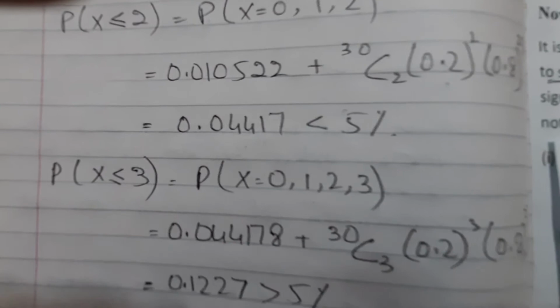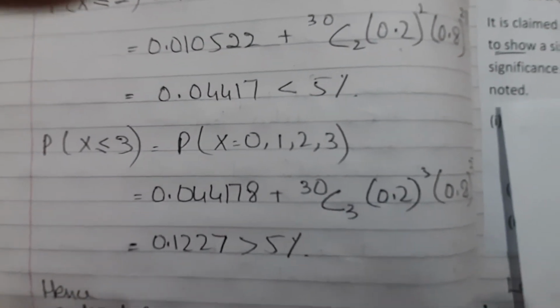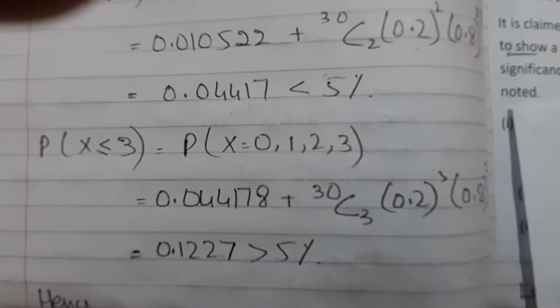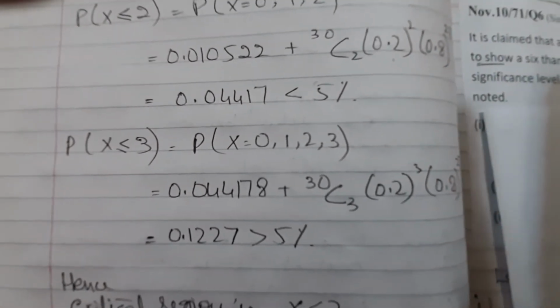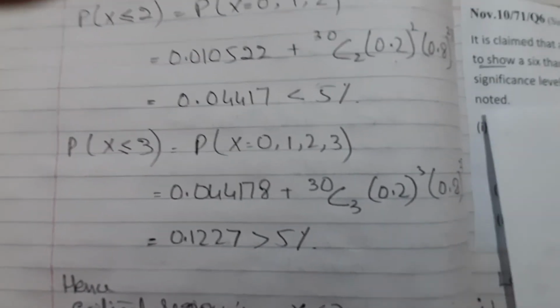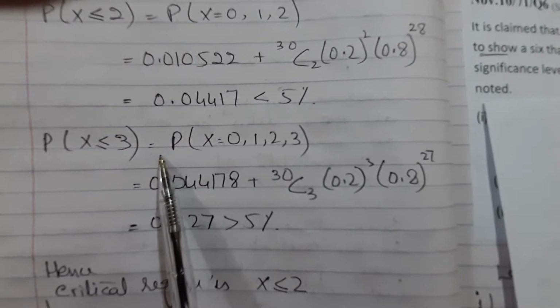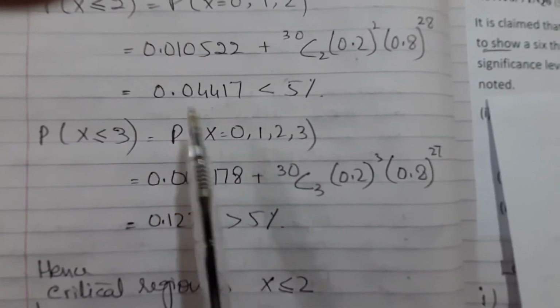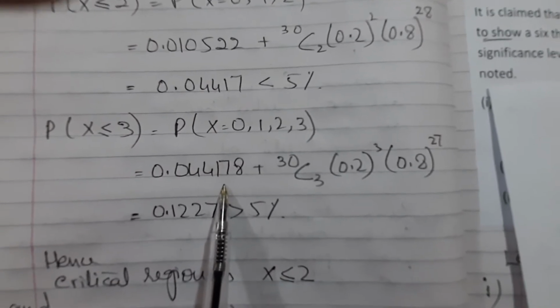Let's try for 3. You keep trying until you get a value outside the critical region, because you cannot assume on your own that this is it for the critical region. Maybe there are more values, right? So now I am testing for less than or equal to 3. Up to 2 I have already calculated and the answer was this. I am copying it down as it is.